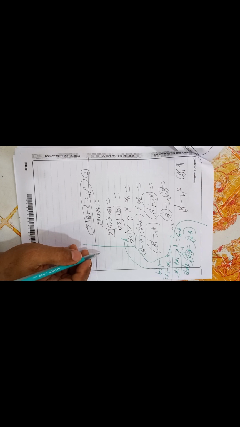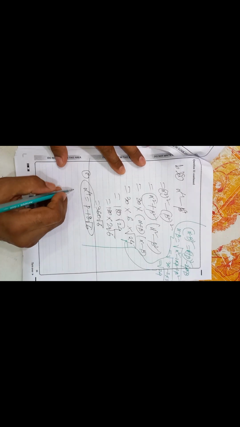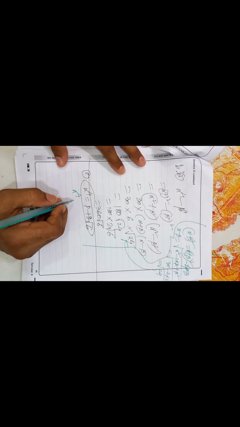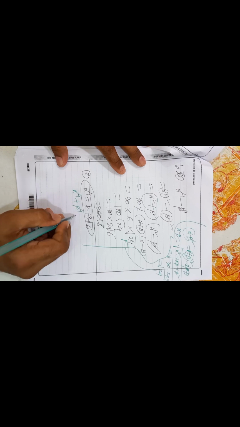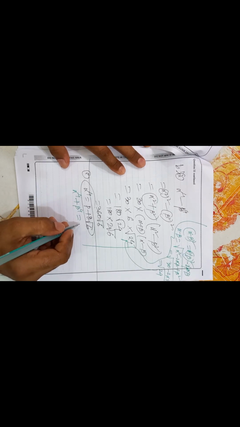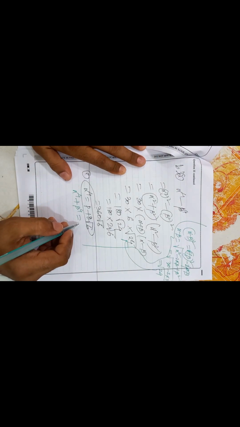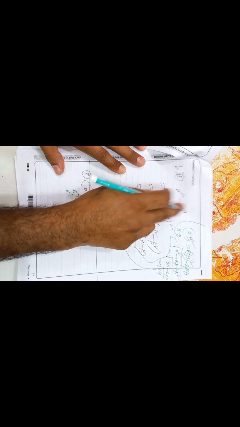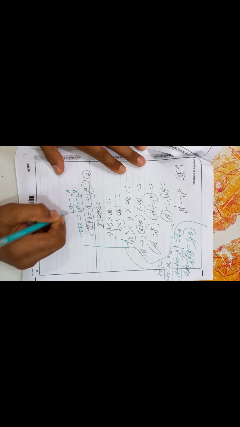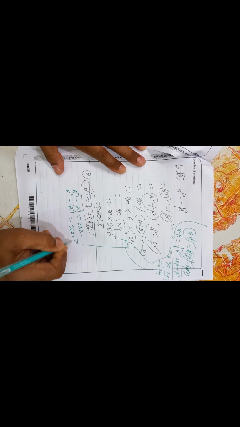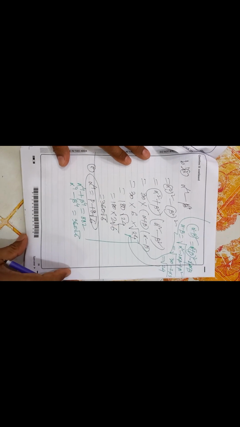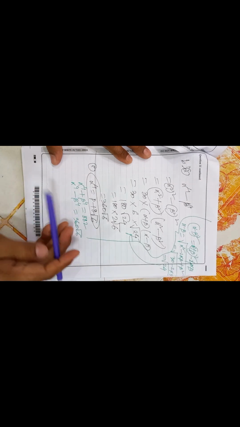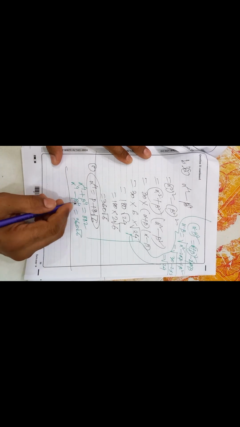Okay, now we got alpha 4 plus beta 4 equal to 882, and alpha 4 minus beta 4 equal to 360 root 6. So what will happen if I add both? If I add both, beta 4 cancels.